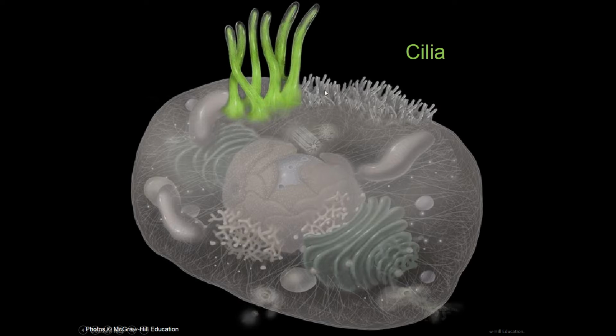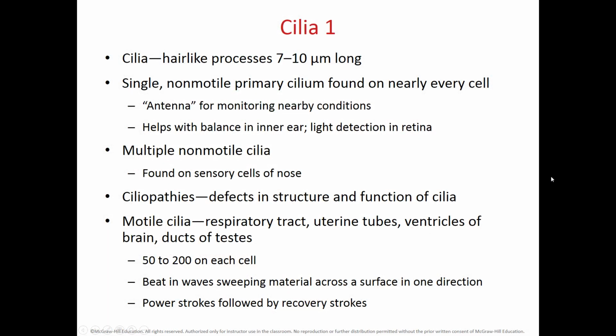Now let's talk about the other structure of the cells, the cilia. So cilia are hair-like processes that are long, between 7 to 10 micrometers in length. They are single, non-motile primary cilium that are found nearly in every cell, and they help to monitor the conditions of the environment.